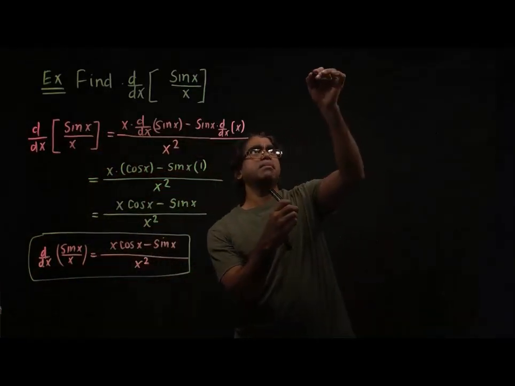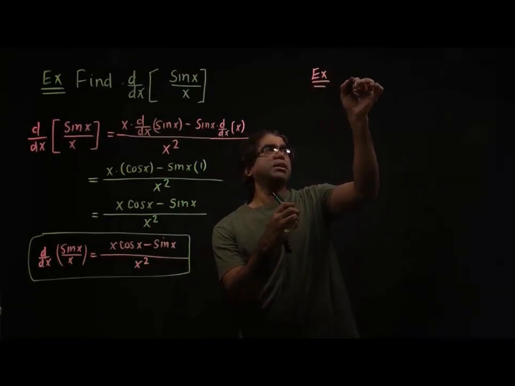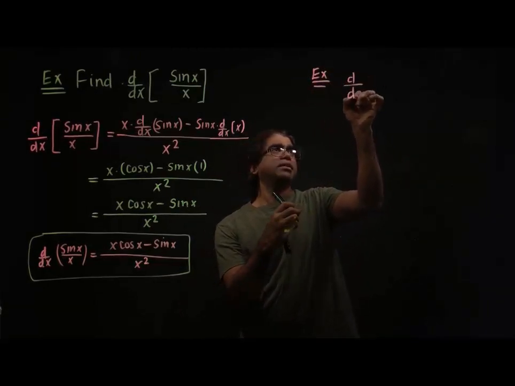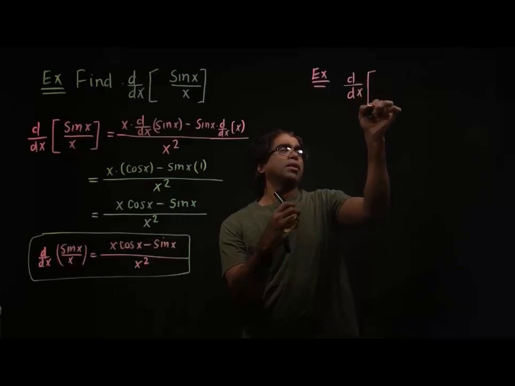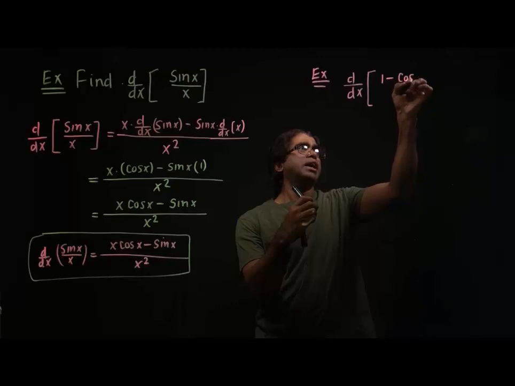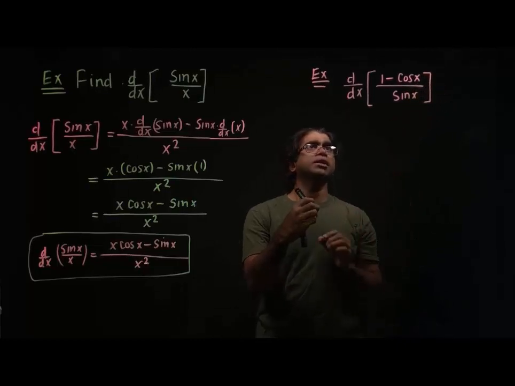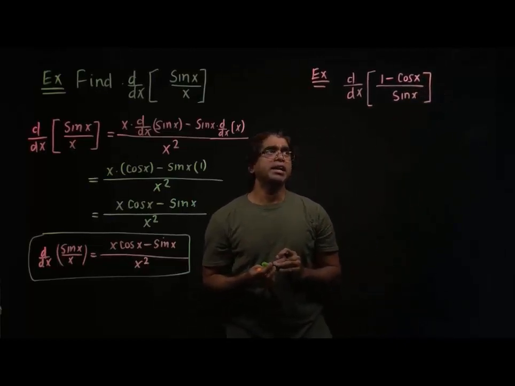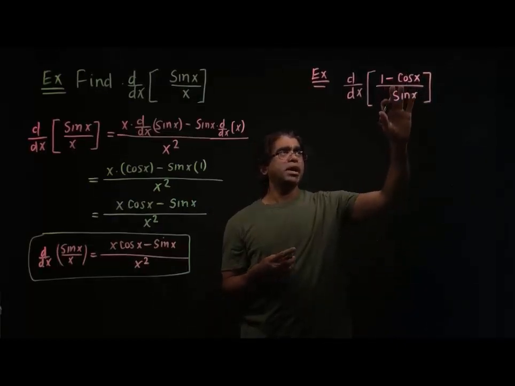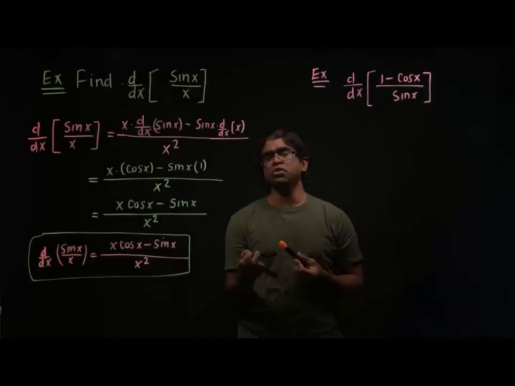My other example is: find the derivative d by dx of 1 minus cosine x over sine x. Now again, as you can see, I have a numerator over a denominator, so I am going to use my quotient rule.